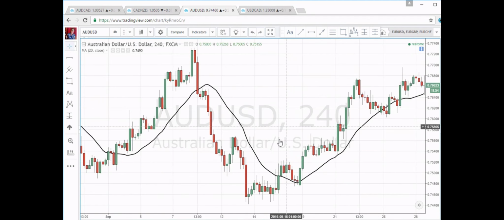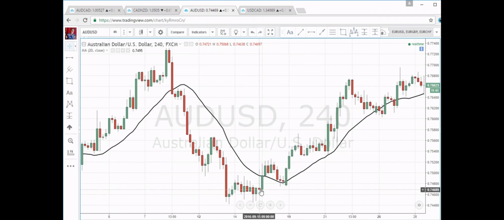Then we have even one more here. We reverse to the downside. We have two trend waves to the downside. We have this very nice double bottom here where we then reverse to the upside. Also afterwards we have a head and shoulders, but at the time of the entry, which would roughly be here, either on the break of the moving average, although this candle closes right at the moving average.